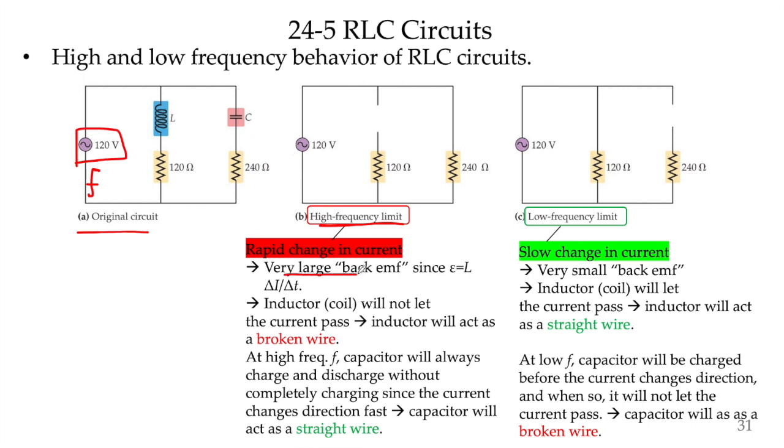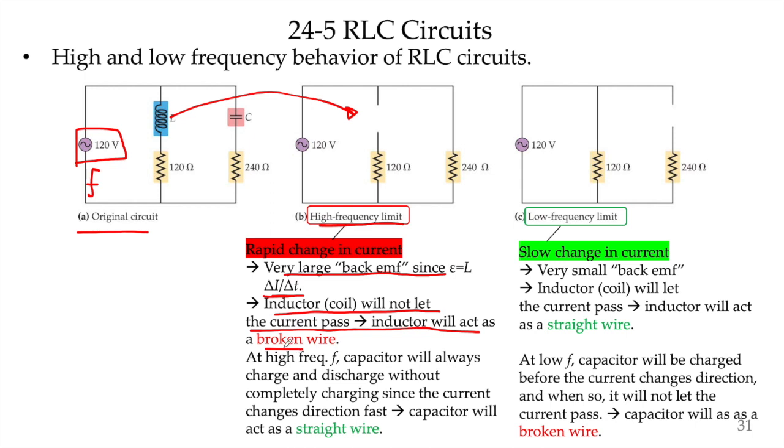It will produce very large back EMF because it's sensitive to the change in current, not the current itself. So the inductor coil will not let the current pass. It will act as a broken wire.